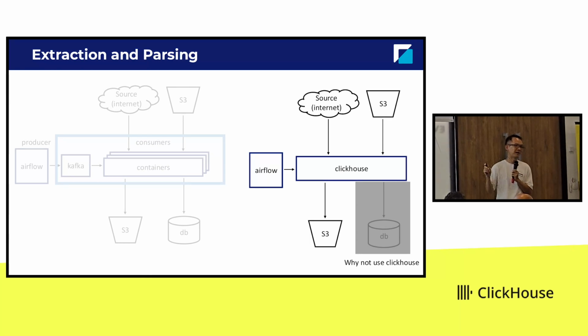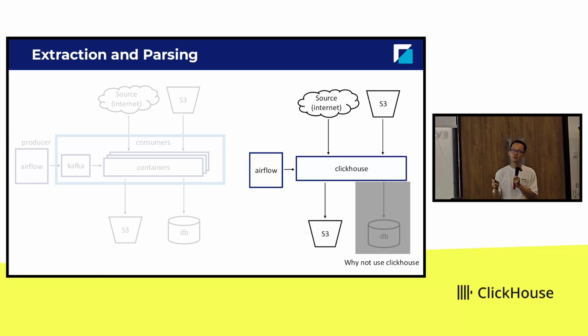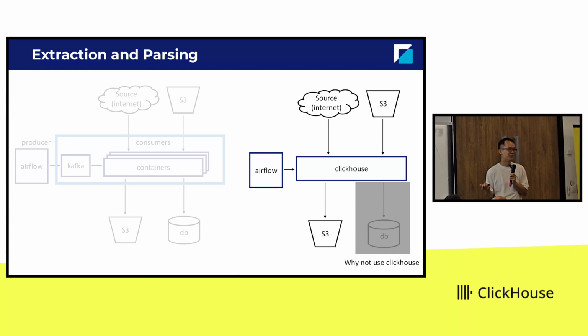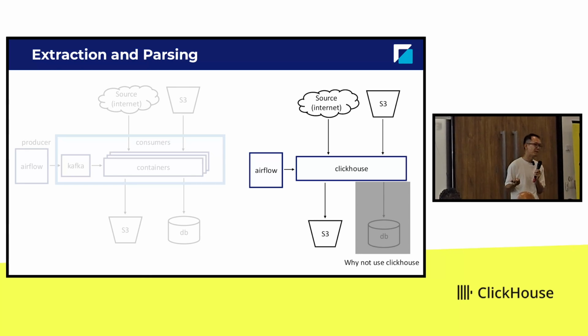So extraction and parsing. It is quite a simple parsing engine here, but it is made possible with a lot of connectors. In today's session I will share a bit about how we extract from the internet. Of course, today I'm not going to show you our own database. I'm going to show you how to grab data from some of the common sources that we get in Singapore.